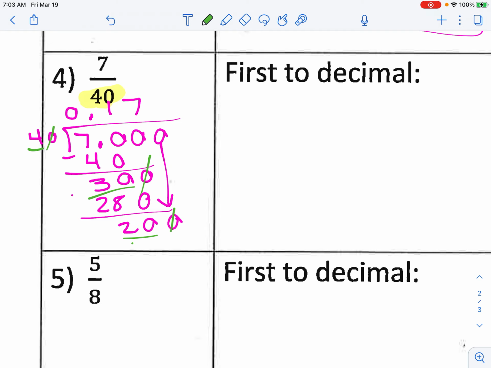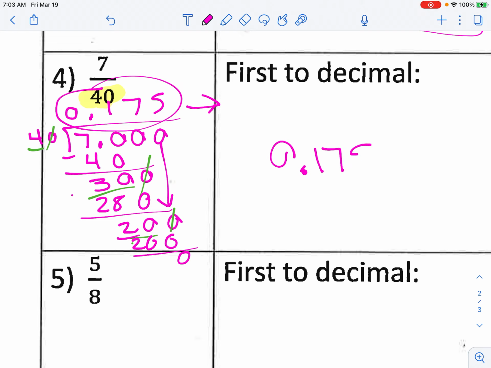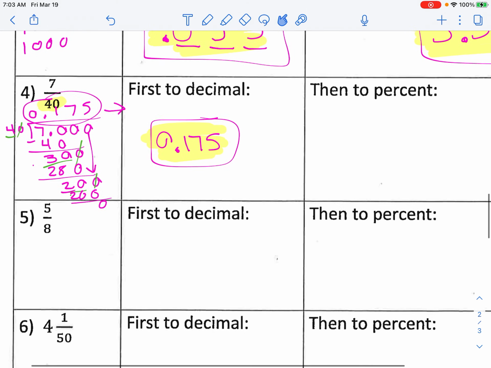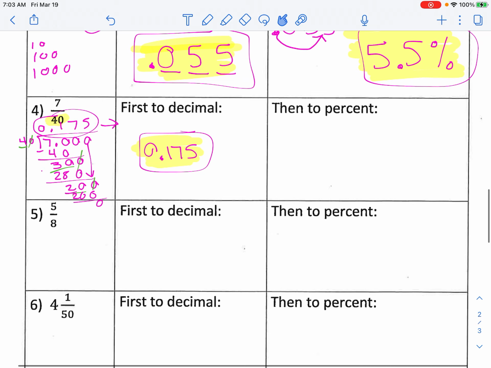Now look at your 4 and your 20. We know 4 times 5 is 20, so 40 times 5 is 200. All right, so here's my decimal. I'm going to put that over here. 0 and 175 thousandths. So 7/40 equals 175 thousandths.